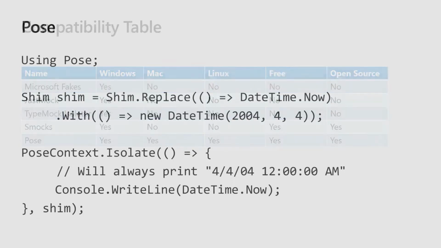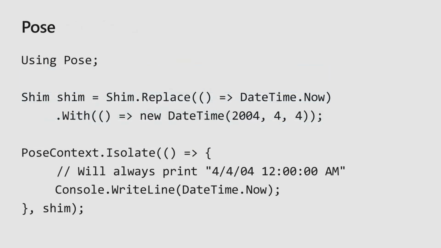So I'll show you a quick sample. For example, DateTime.Now is a static property, and in the general mocking sense, you cannot extend it. It's not an interface. So how Pose works is that you specify a replacement method. Basically, you're saying whenever you call DateTime.Now, you'd like it to return this specific constant date.